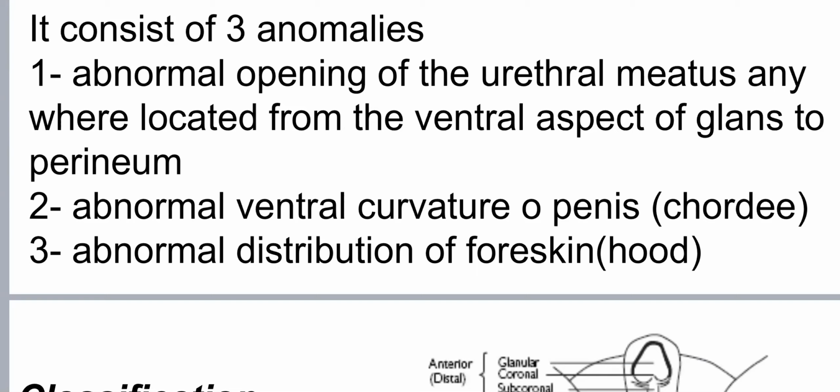The urethral opening will be seen along the ventral side of the phallus, or of the penis, but below its normal position. It may be from below the glans, meaning from the corona, mid shaft or proximal shaft, or penoscrotal or scrotal, and sometimes perineum.